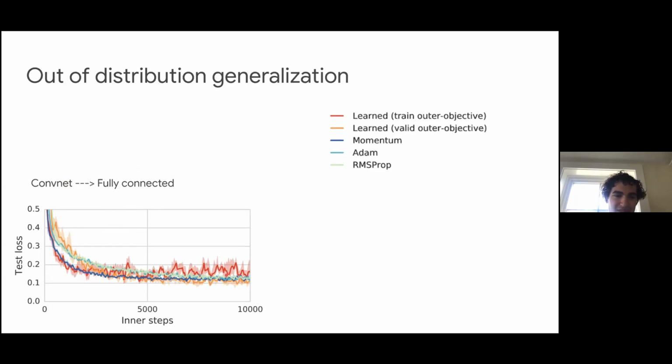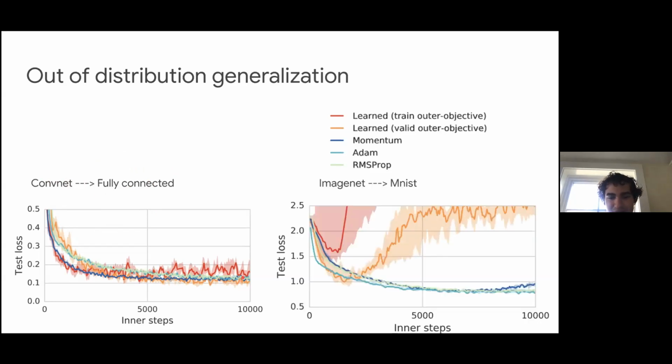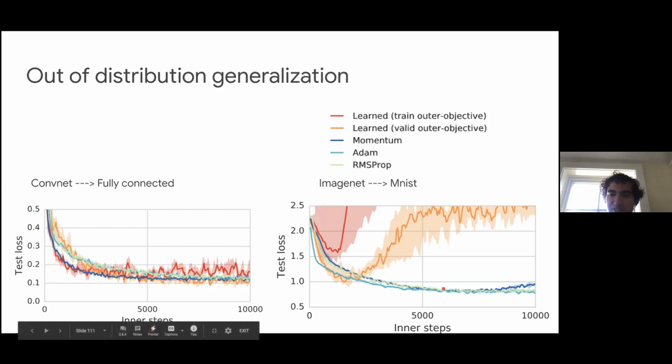It does about as well as learning rate tuned Adam. But for other problems, we see something much worse. In this case, we're transferring from ImageNet to applying it on MNIST. And we see our two learned optimizers diverge very quickly, whereas the learning rate tuned optimizers perform much, much better.